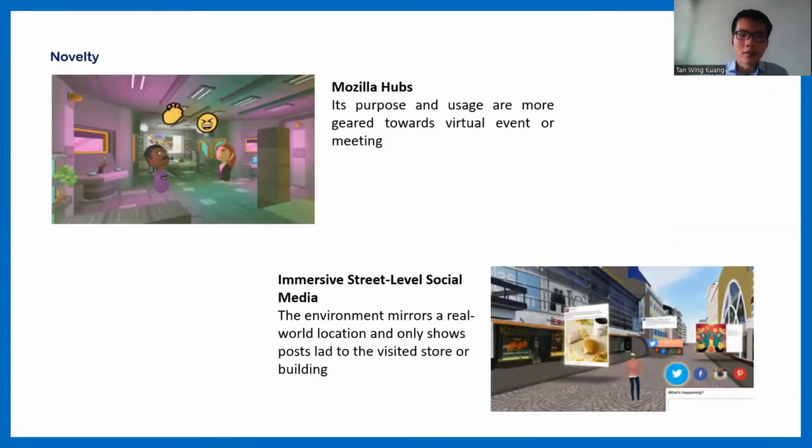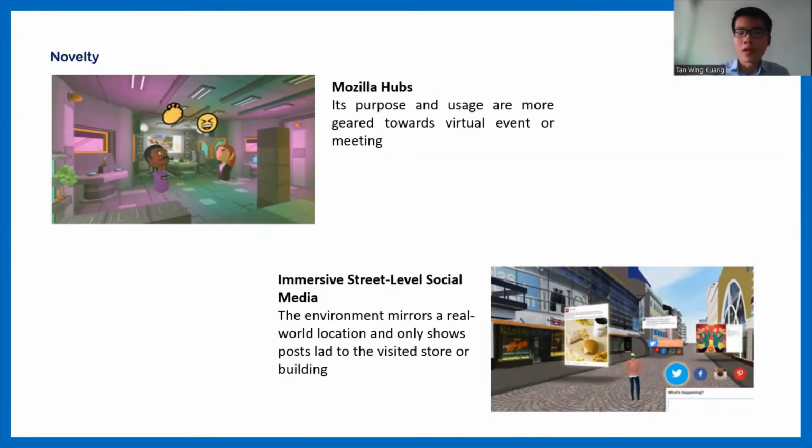And here are some similar applications or research which contain the same concept as my project, which are Mozilla Hubs and immersive street-level social media, which is research published back in 2017. Now, what is the difference between Mozilla Hubs and immersive street-level social media against my project?